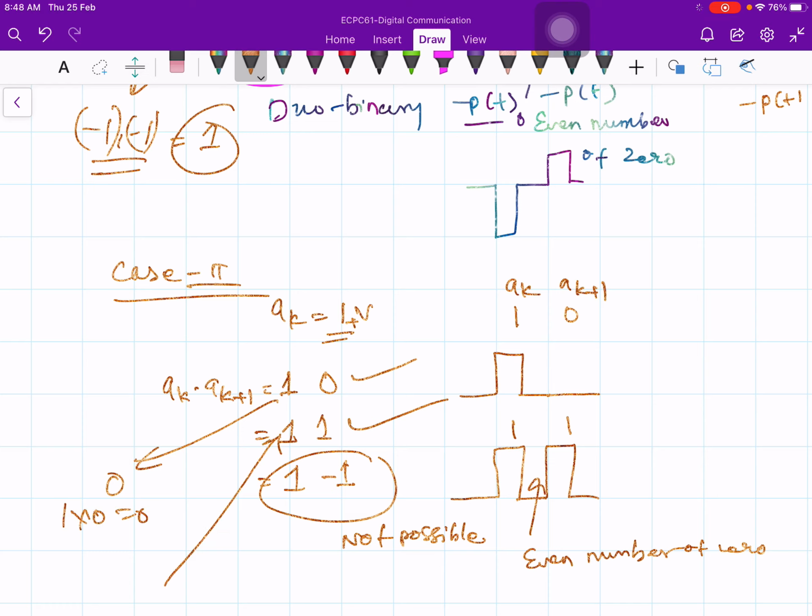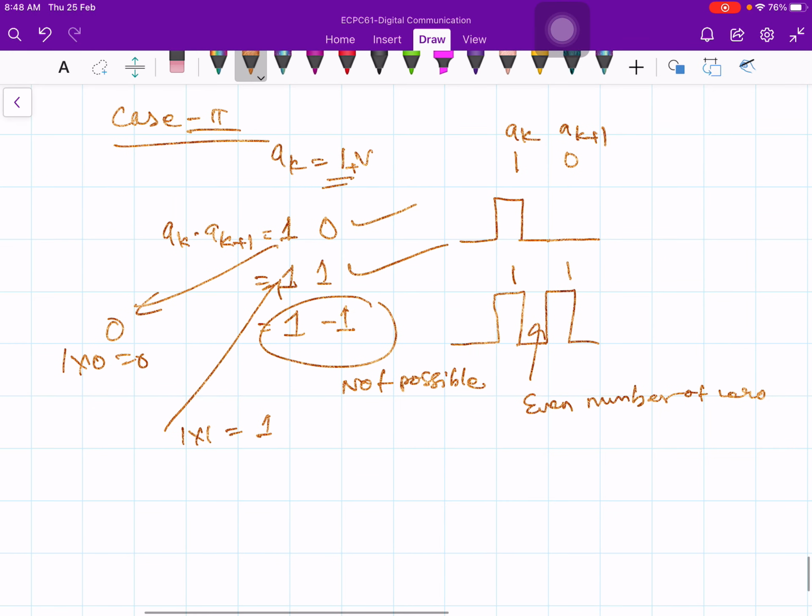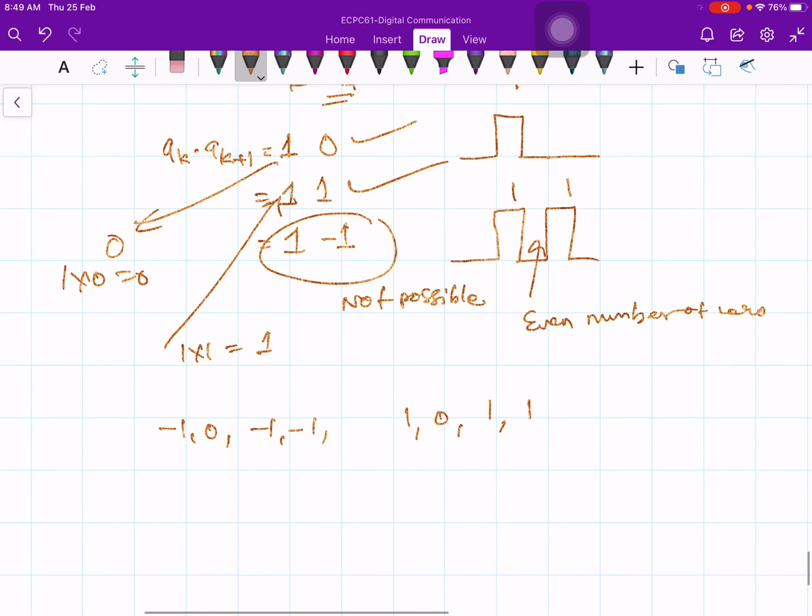So take this one, 1 times 1, it is 1. So from the second case, I am getting only one non-zero value. So there are 4 possibilities: minus 1 comma 0, minus 1 comma minus 1, plus 1 comma 0, plus 1 comma plus 1. Among these 4 possibilities, only 2 give the non-zero value.